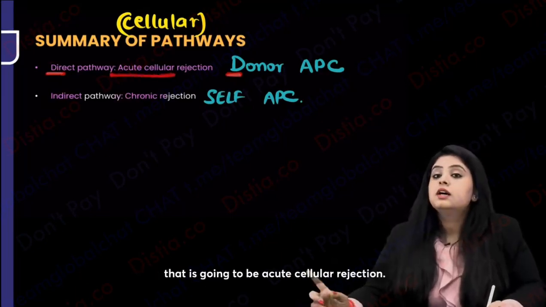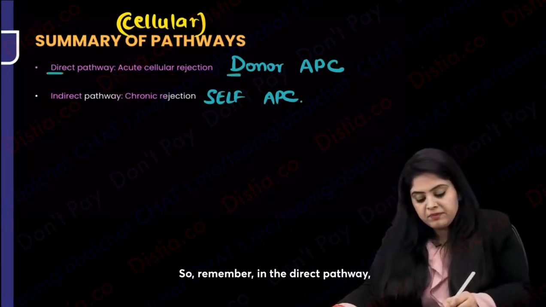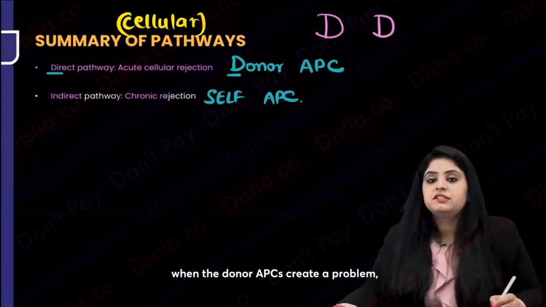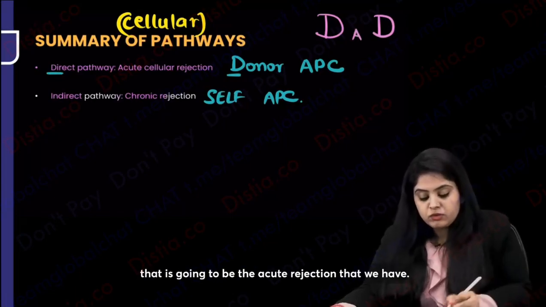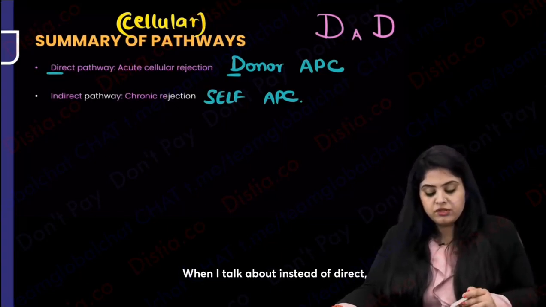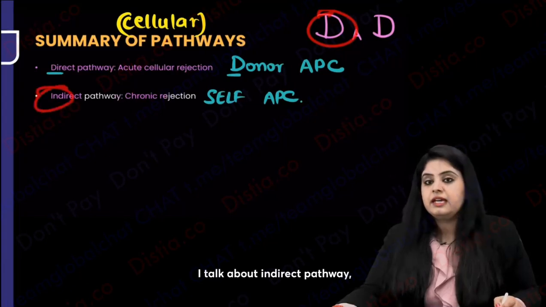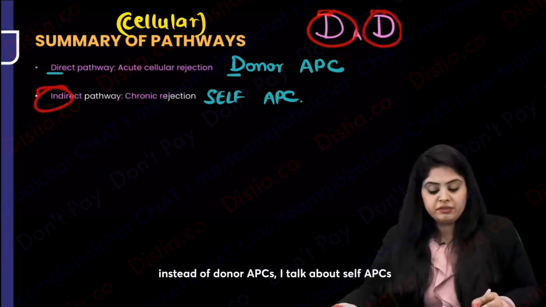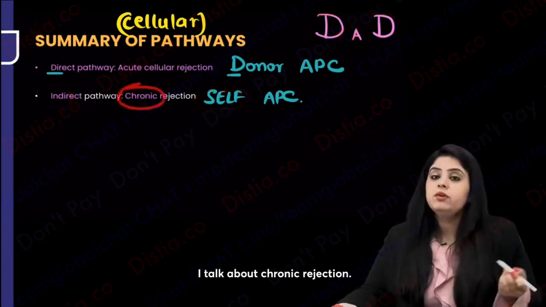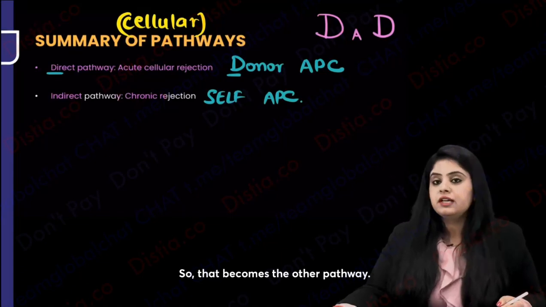That is going to be acute cellular rejection. So remember, in the direct pathway, when the donor APCs create a problem, that is going to be the acute rejection that we have. Whereas sab kuch ulta, when I talk about instead of direct, I talk about indirect pathway. Instead of donor APCs, I talk about self APCs. And instead of acute rejection, I talk about chronic rejection. So that becomes the other pathway.